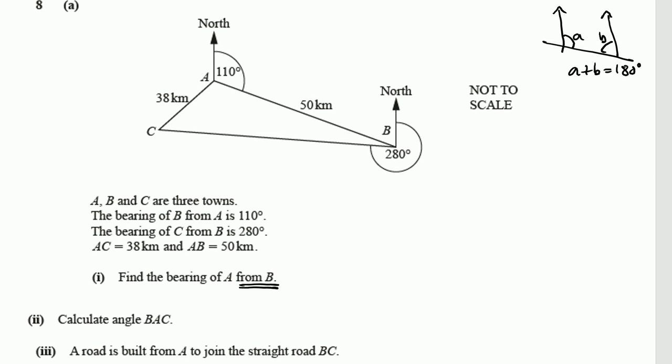I want to get to A from B, so I'm interested in going all the way around here until I'm pointing at that line there. Now I already know most of that journey is 280, so I need to work out this angle in here. The temptation is to straight away start thinking about sine rule or cosine rule or something like that.